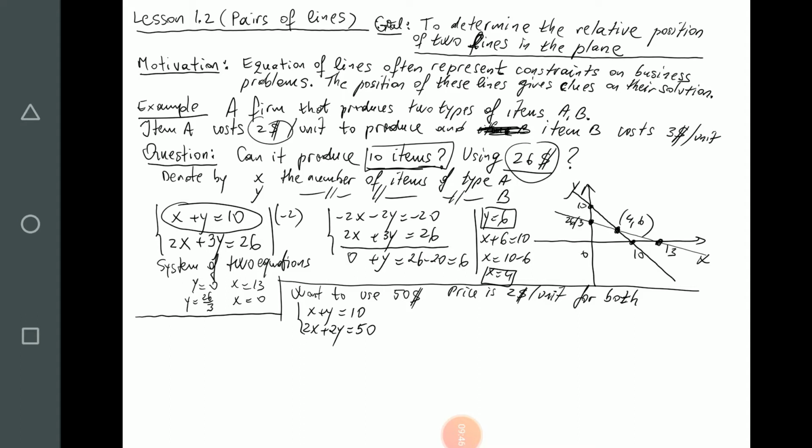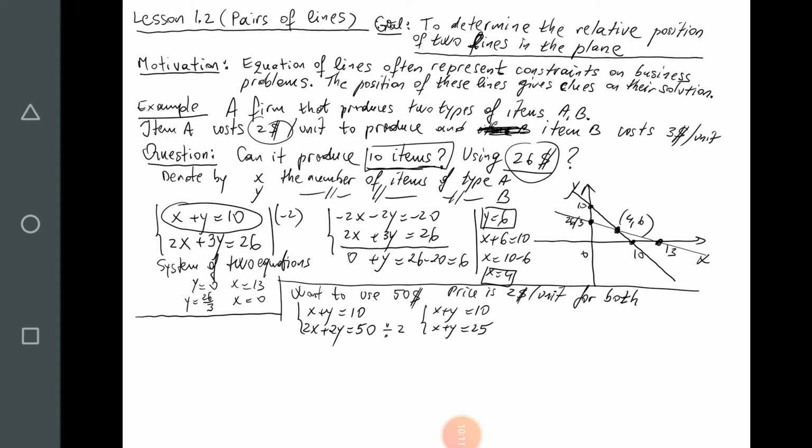Okay, now notice something on the second equation, and that's another good habit to have later. If we can make the coefficients smaller by simplifying all the coefficients from left and right, we should do that often, unless we have a reason not to. So here we can divide the second equation by 2, and that means the second equation is x plus y equals 25. It's not equivalent to the first one.